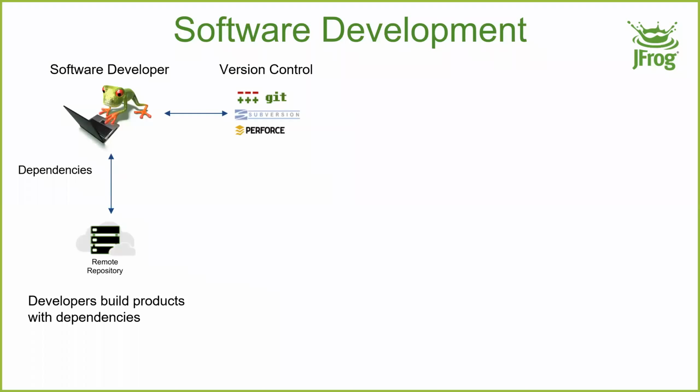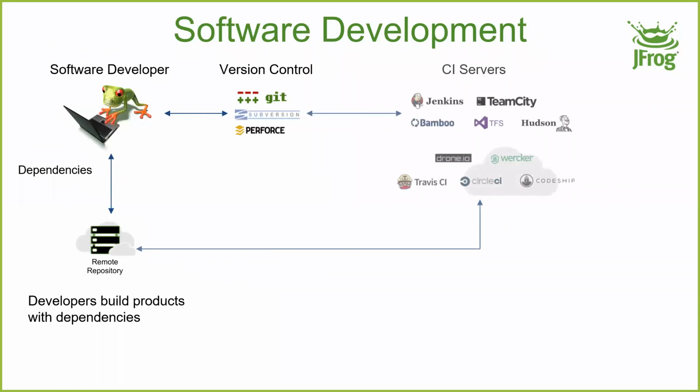In parallel, you will mostly have a CI server to make sure that what the developer has pushed doesn't break the whole application. A job will be triggered on events, on a commit for instance, and you will do a build in the same way that you would have done on the software developer workstations.